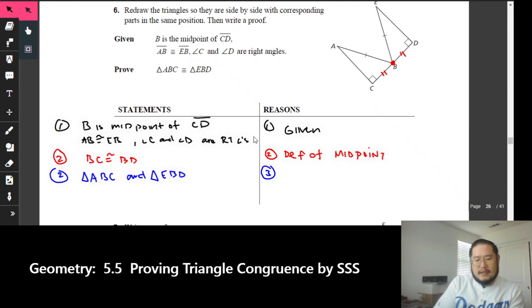We can go ahead and say that those two are right triangles. I'll go ahead and abbreviate that, right triangles. And the reason for this, let's go ahead and put definition of a right triangle.